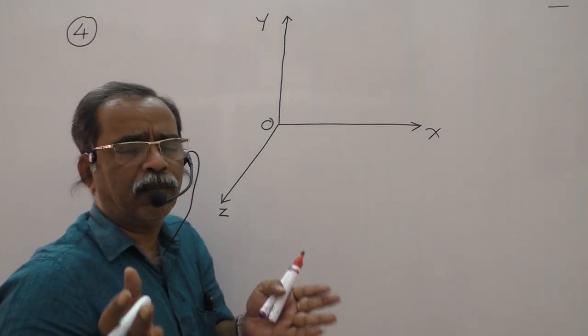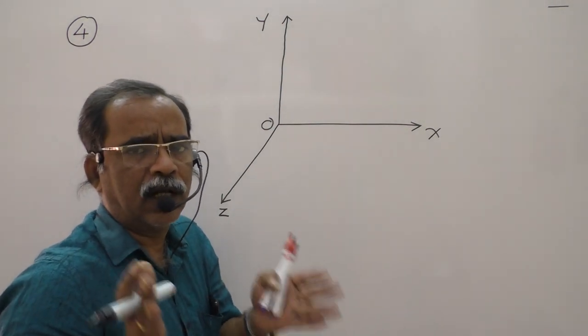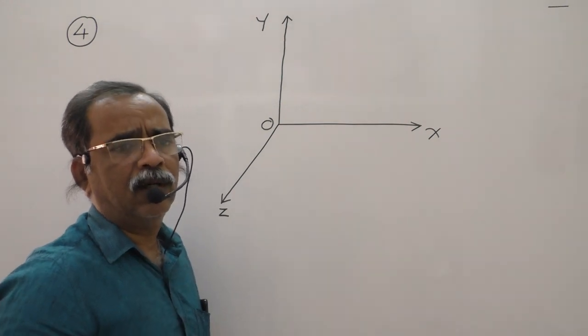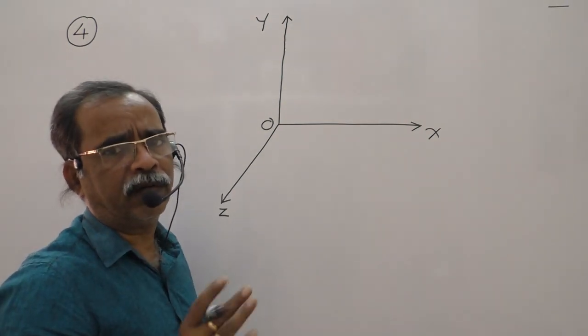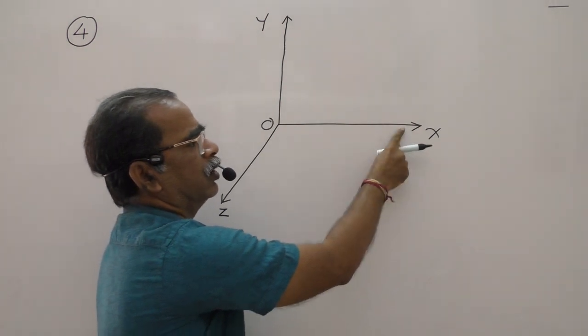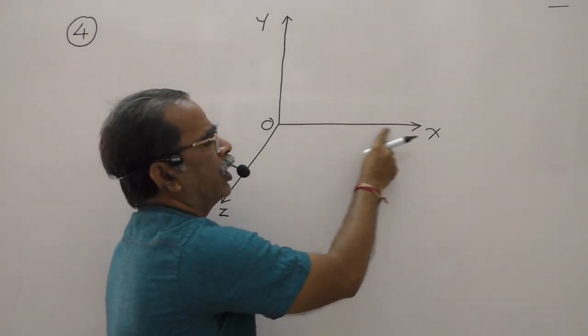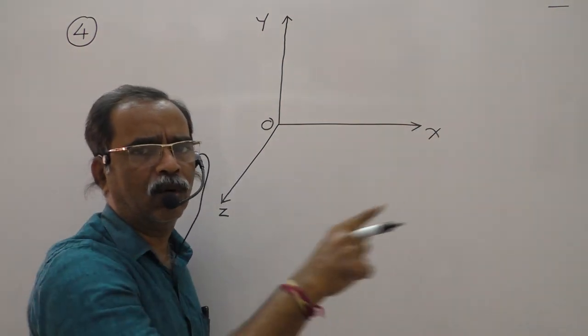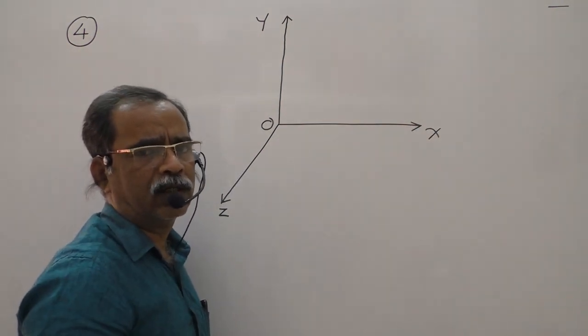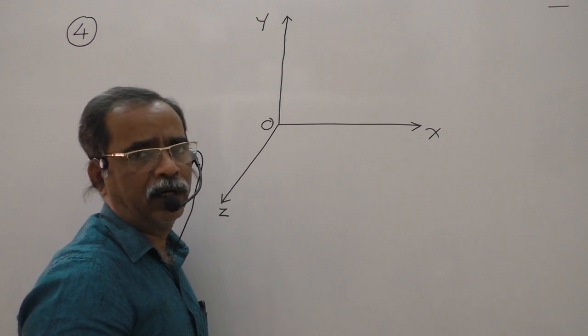Locus represents a set of points satisfying some conditions. The condition is its equation. This is the x-axis. There will be infinite points on this line, this locus, and all those points will be satisfying the same condition.